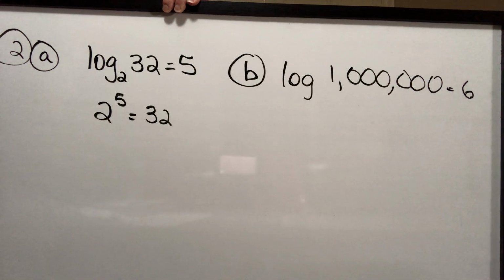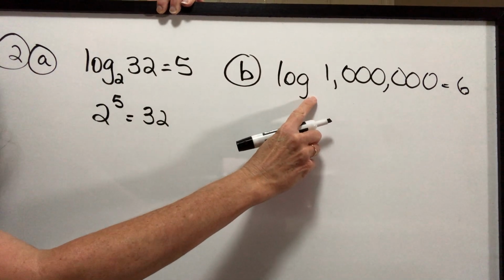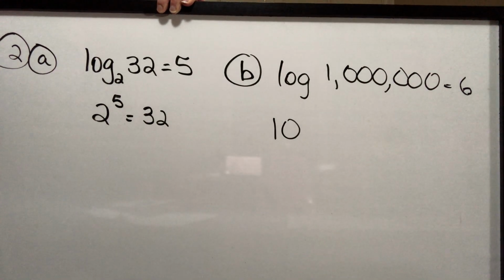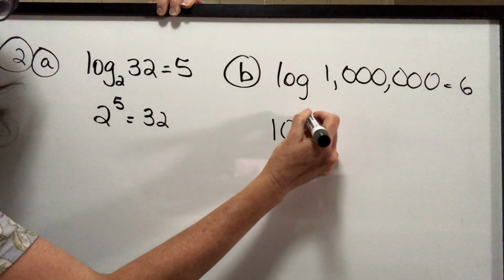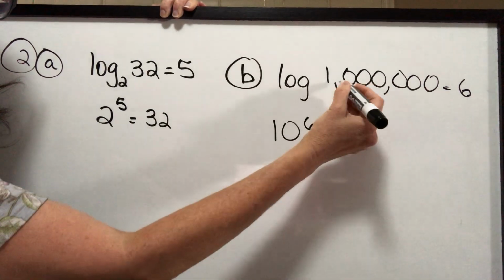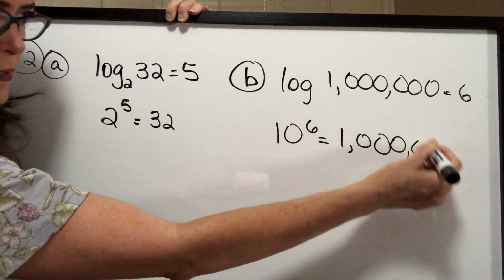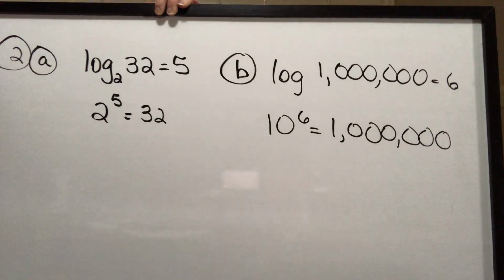But we want to change that to exponential. So notice there is no base written. So if there is no base, that is considered to be 10. So use a base of 10. The answer 6 would be the exponent. And then after the equal sign, you would put 1,000,000. So 10 raised to the 6th power is 1,000,000. That would be part B.